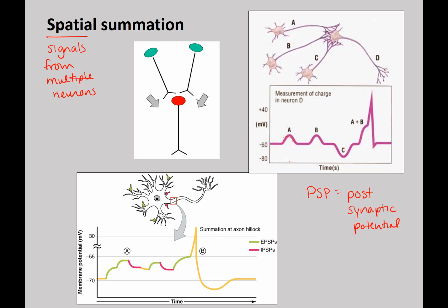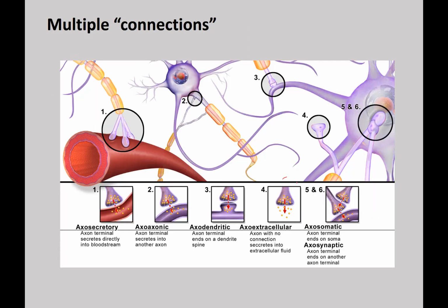If it doesn't reach threshold, you get repolarized. Then you have to try again, and you have to try again. These would be excitatory, right, because they're depolarizing. This would be inhibitory. Okay. So you can have postsynaptic potentials that are excitatory.